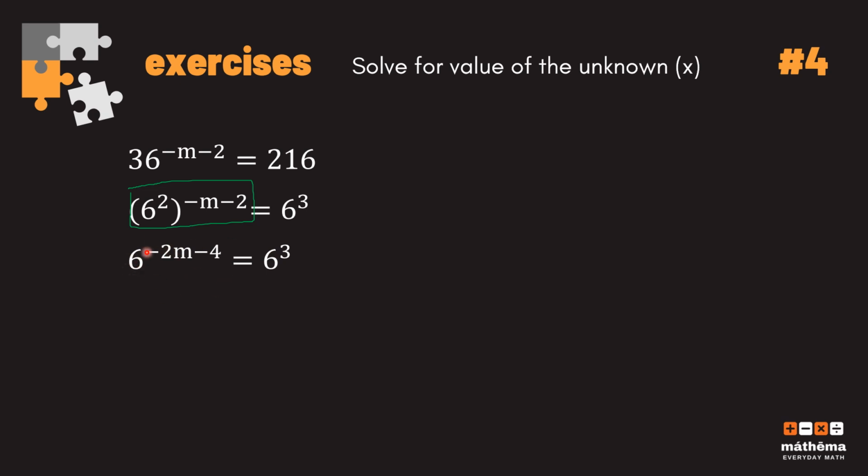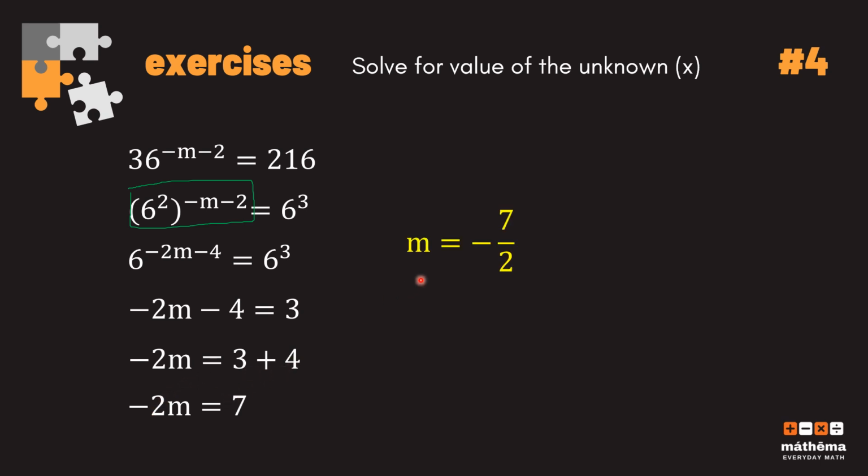And then since the bases are now the same, drop the base, focus on the exponents. So we have negative 2m minus 4 is equal to 3. Solve for m. Negative 2m is equal to 3 plus 4. And then 3 plus 4 is 7. So m is equal to negative 7 over 2. So that will be for our fourth example.